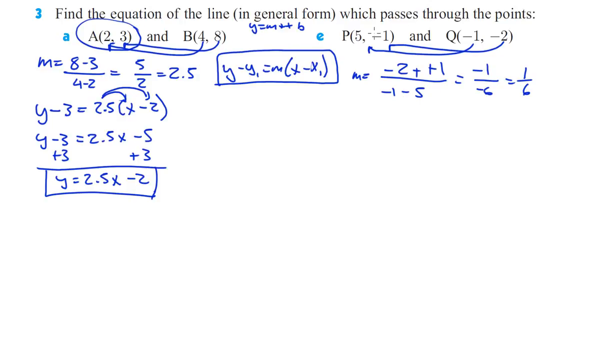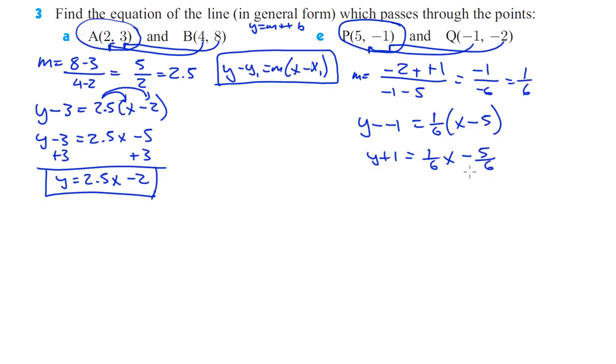Let's pick one of these 2 points. I'm going to use this one because it's got one less negative in there, and plug it into the point slope formula. So we got y minus -1 equals m, which is 1/6 times x minus 5. So we get y plus 1 equals 1/6 x minus 5/6.